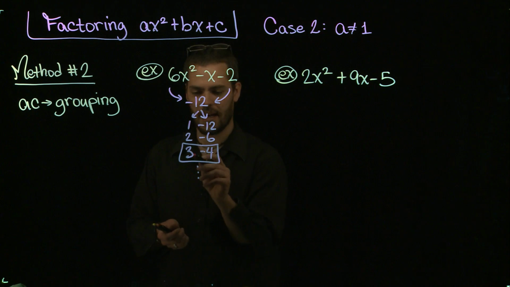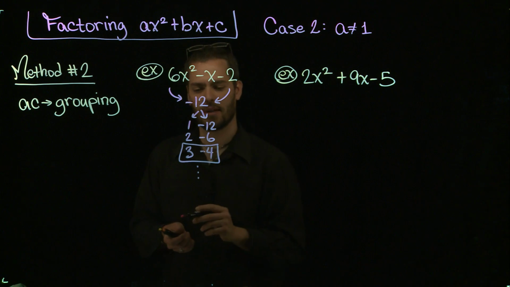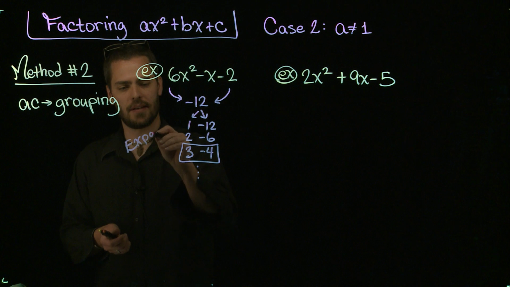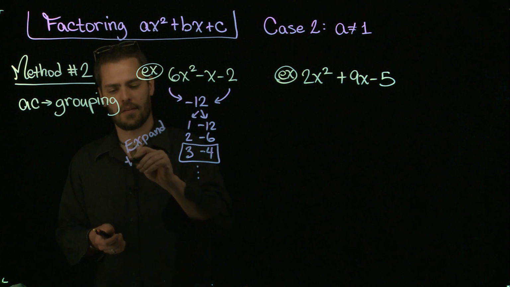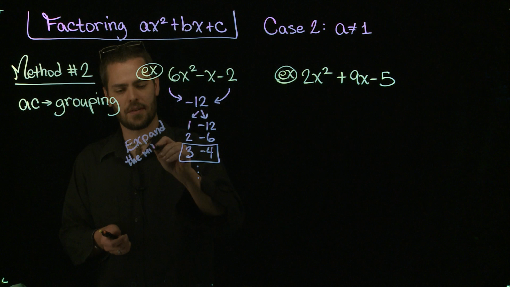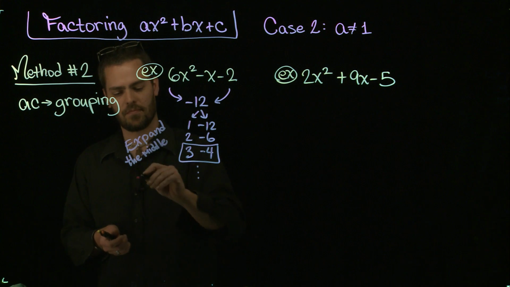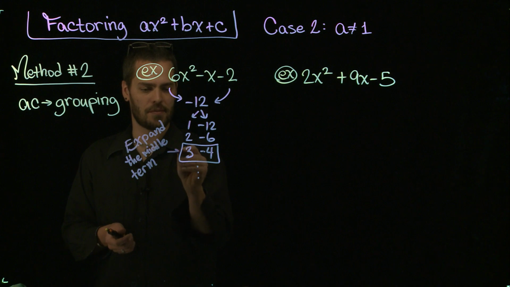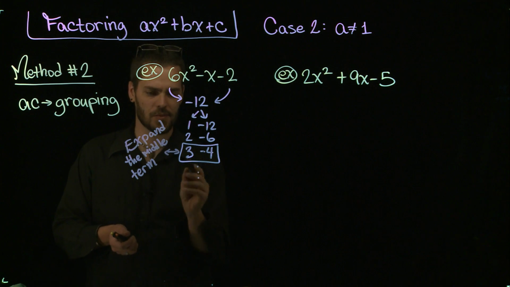Well, what we're going to do with that is expand the middle term of the original trinomial using these numbers, okay? And this is what it looks like.